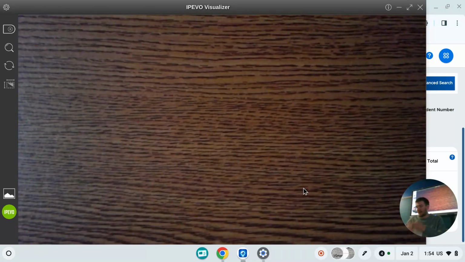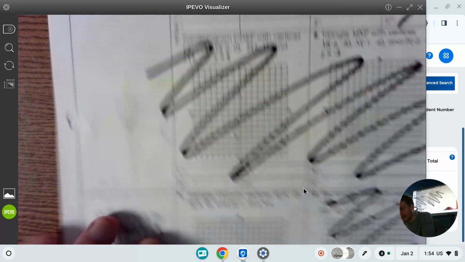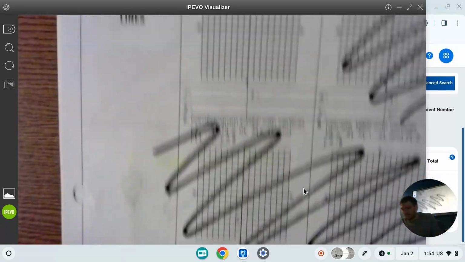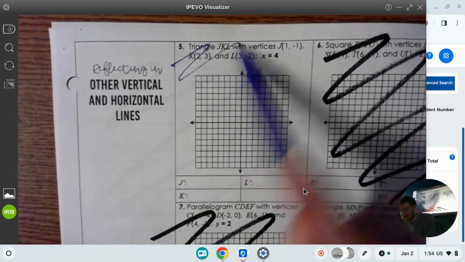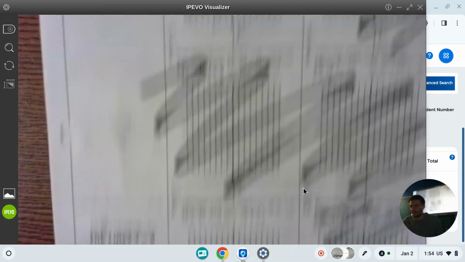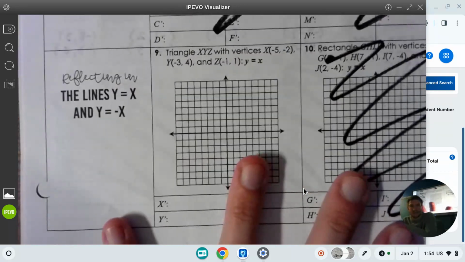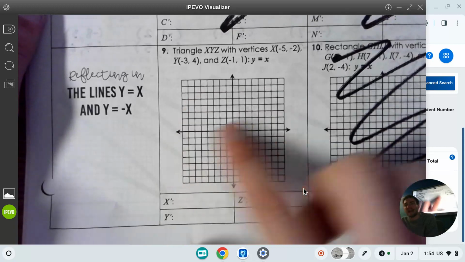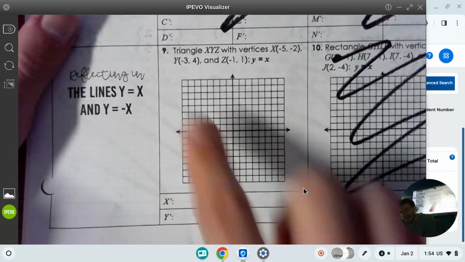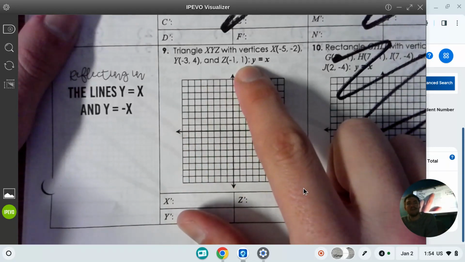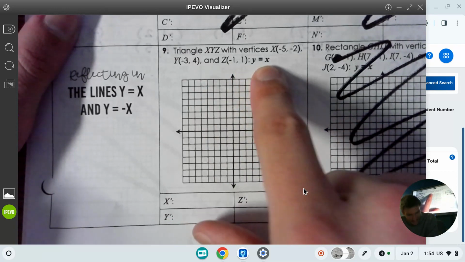Now, let's check this out. Flipping it over. We are not even going to do number 5, which is nice. We're going to go down to the bottom and we're going to check out 9. Now, 9 is telling me about the line y equals x.